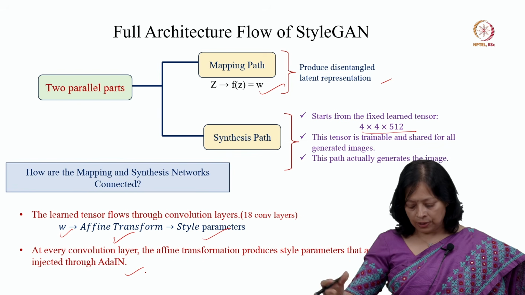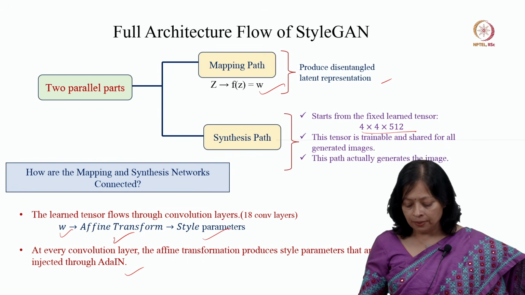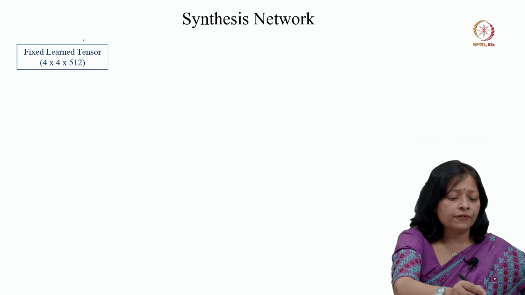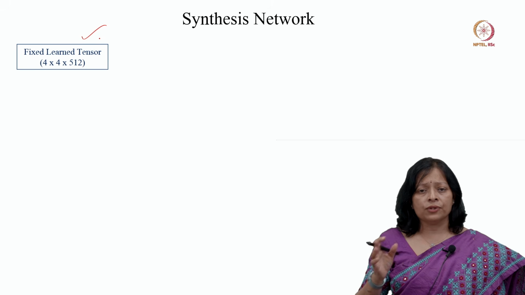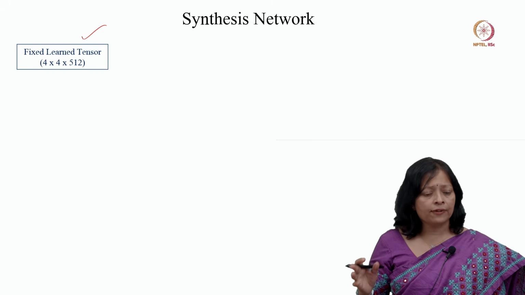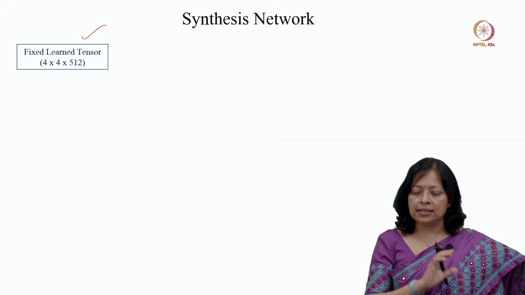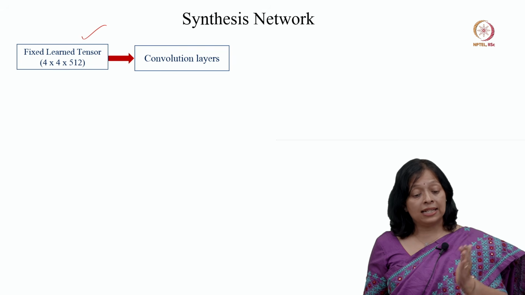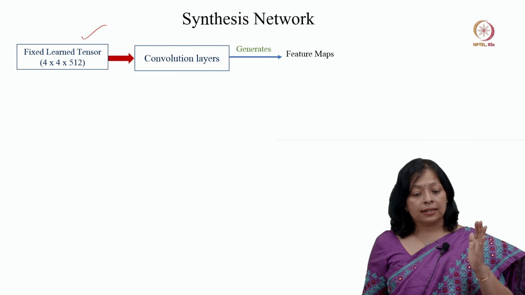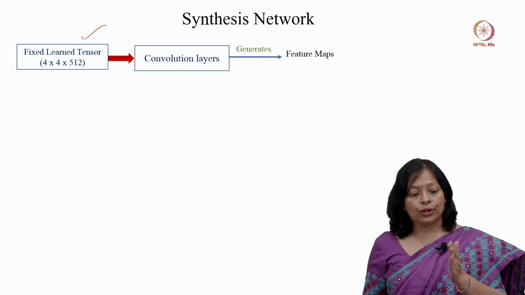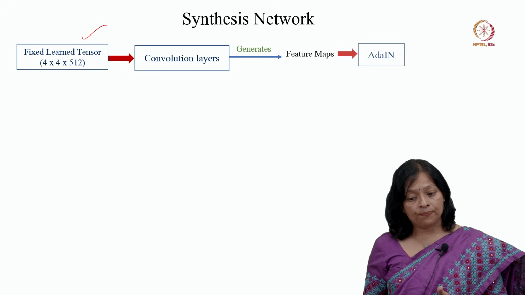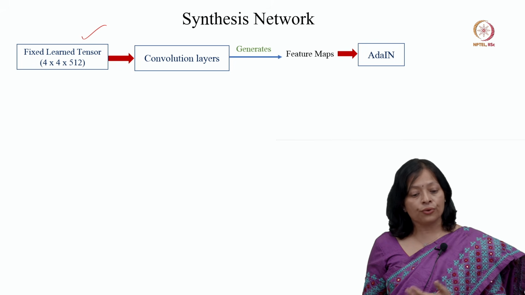We will look into this in the next slide, where it should become clearer. You have the fixed learned tensor, 4 cross 4 cross 512, which is the starting point and is kept constant. It goes to the convolution layers, which produce feature maps, and these feature maps go through AdaIN.